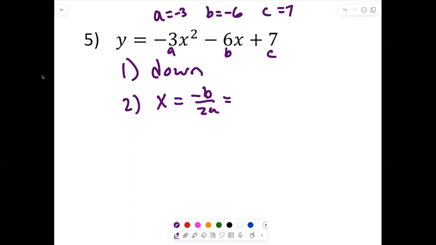So what would be negative B? Right. 6. What would be 2 times A? Negative 6, right? Yes or no? So 6 divided by -6 is -1.